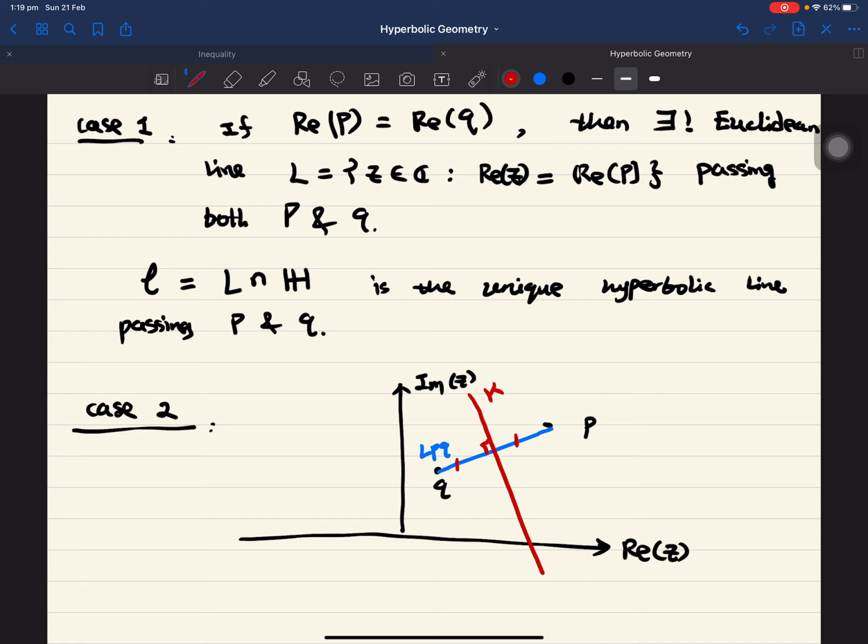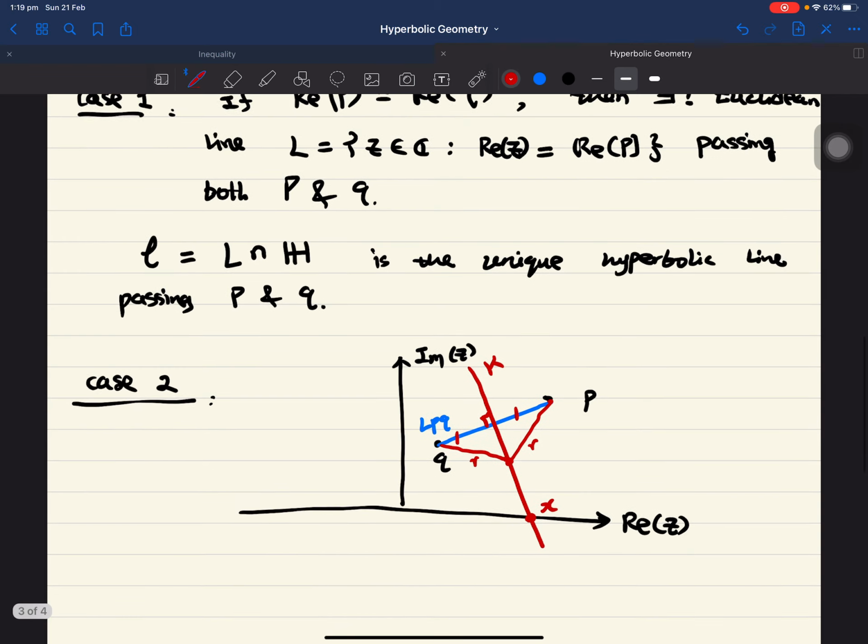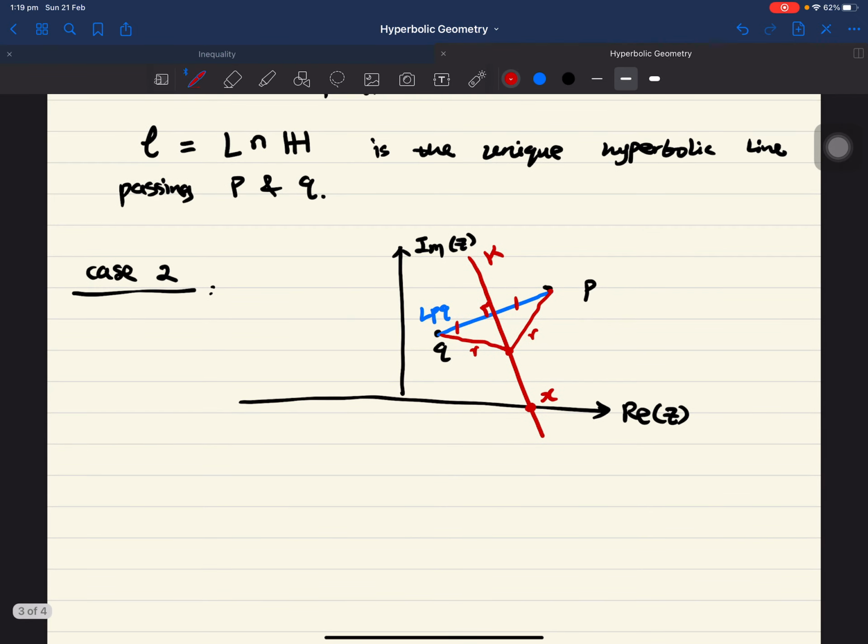Then for any point in K, there's always a unique Euclidean circle passing through P and Q. In particular, the point X where K intersects the real axis would give us a Euclidean circle.